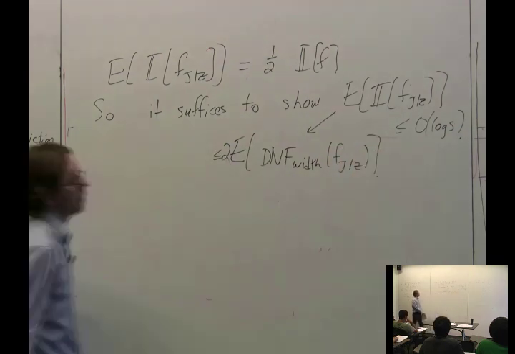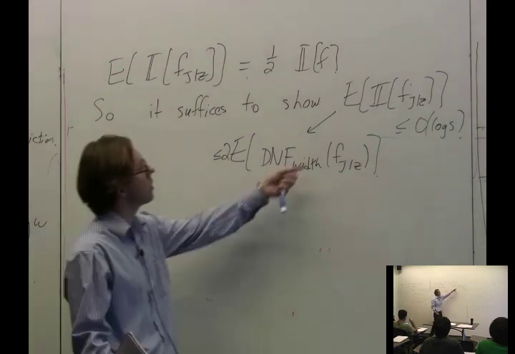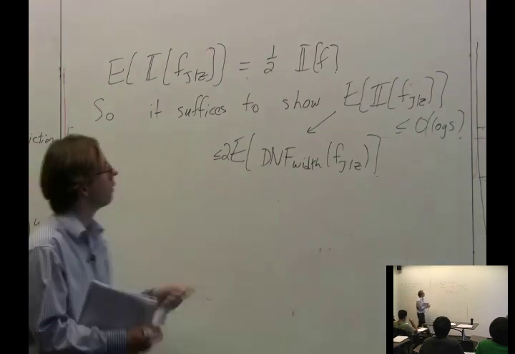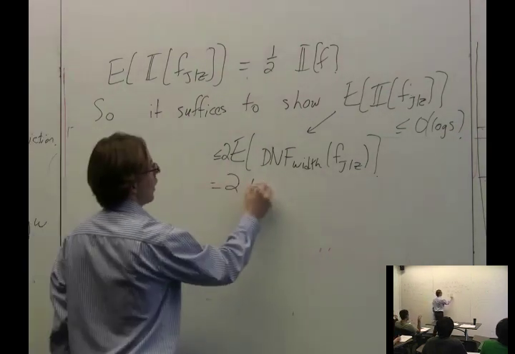Okay, because one of the first things we did in this class was to show that if you have a DNF of width w, its total influence is at most 2w. Okay, so this is 2 times the expected value of W.